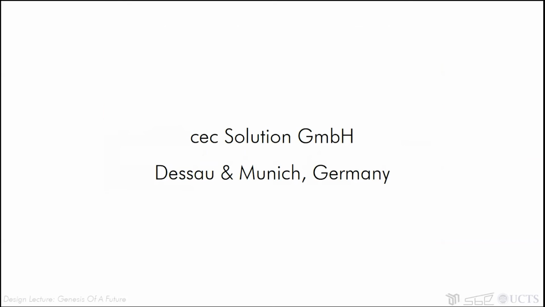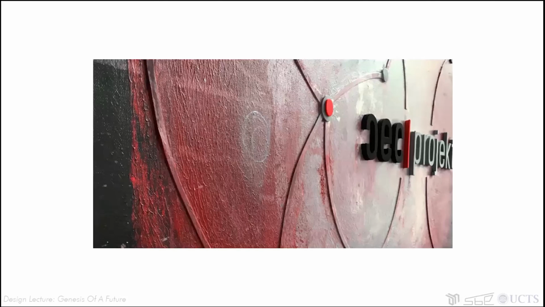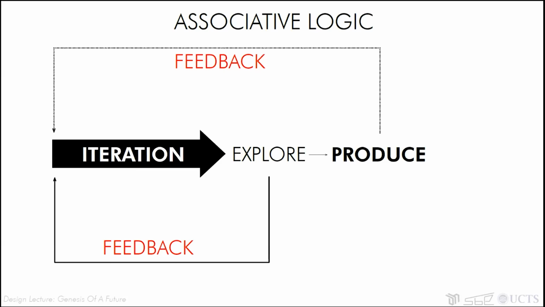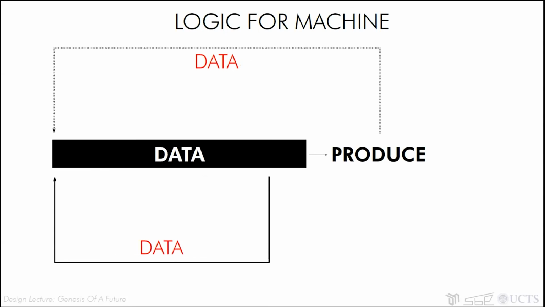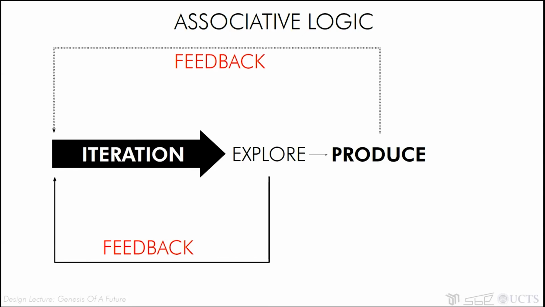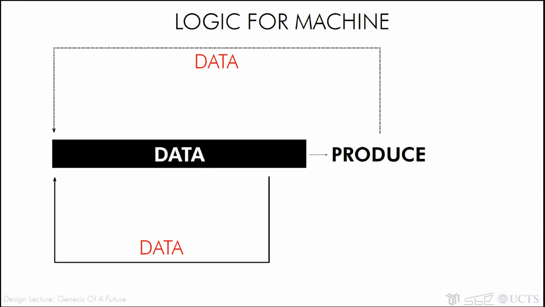And I work with the Dessau, which is where the boss is. So that was it. The beautiful painting when you get into the door, CEC project. And from this iteration, actually, we have a purpose behind it, why we do it in computer, and that is to turn all this process into data.